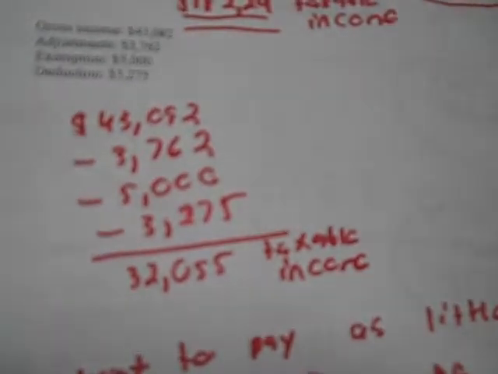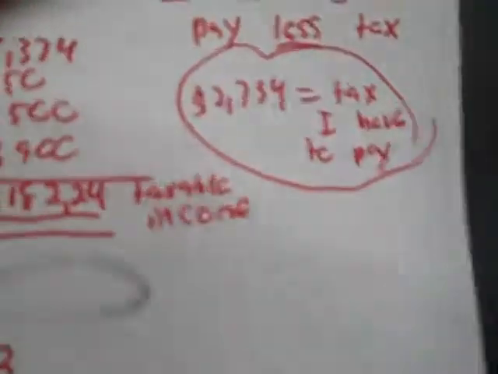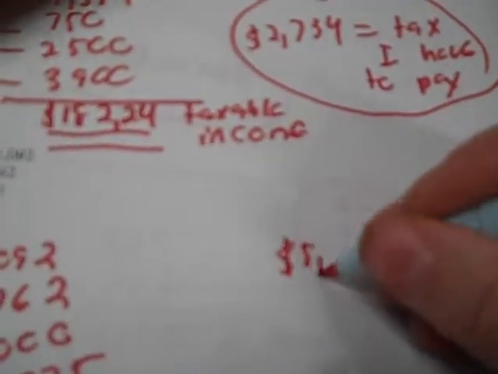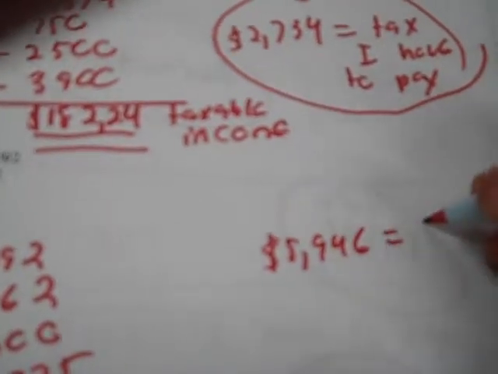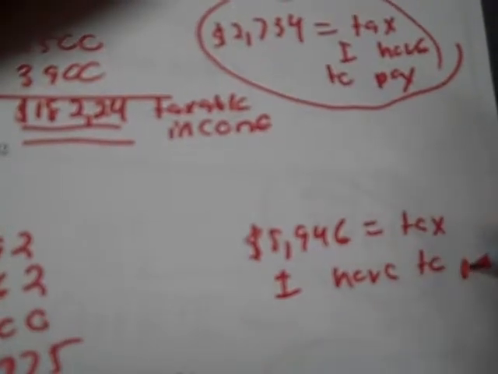Okay, so that's what we have. So the number I look at on the table is $32,055. So here's $32,000, okay, right here, and $55. Now you don't see 055, but it's between 050 and 100, okay? So we look at the second number, and that's 5,946, okay? And that is the tax I have to pay.